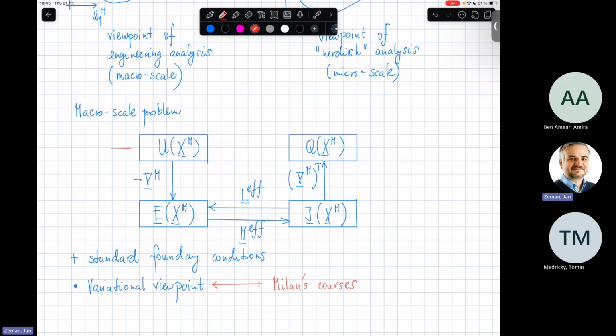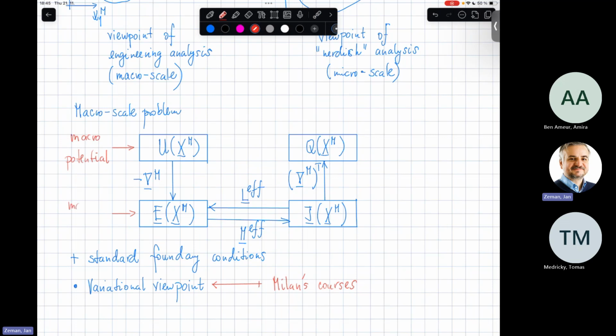And just to fix the terminology, this is again my primal potential. Yeah, I see this non-symmetric. This is my primal intensity field. My macro potential, or macro displacement in the case of elasticity.